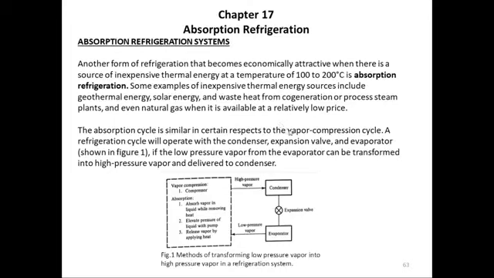The absorption cycle is similar in certain respects to the vapor compression cycle. A refrigeration cycle will operate with the condenser, expansion valve, and evaporator. So those 3 items are still here. Condenser, evaporator, and expansion valve are still here, the same as we had in the vapor compression refrigeration cycle.